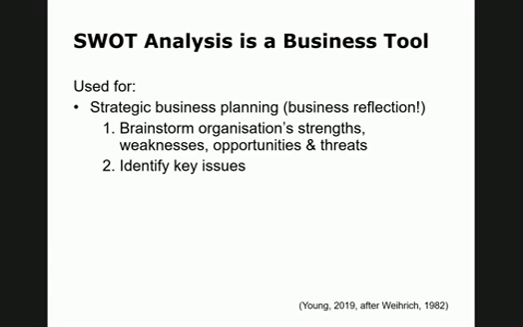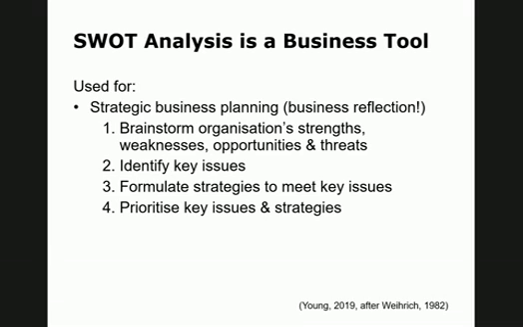We then need to formulate strategies to meet those identified issues. And then, because the list is far too long and will be far too long, we need to prioritise those issues and strategies. Then our next step is to implement the strategies which the organisation can afford to implement right now.